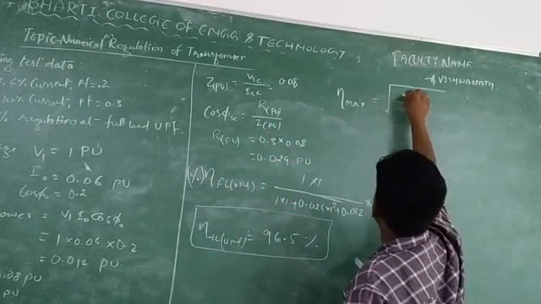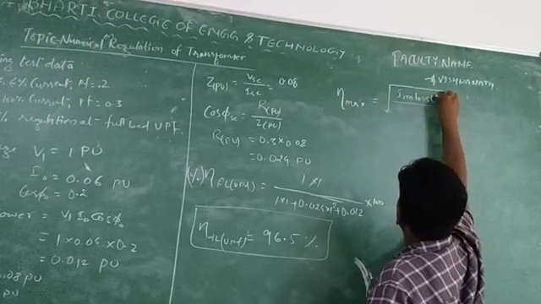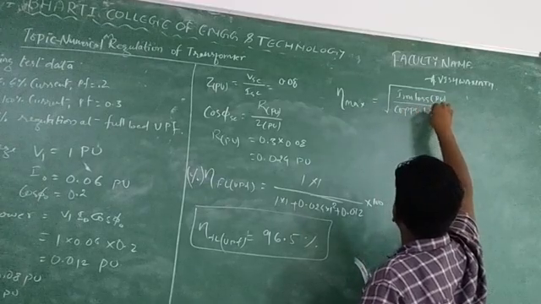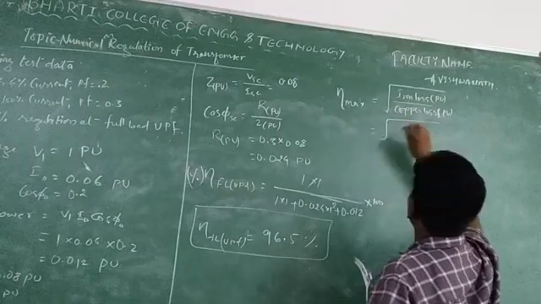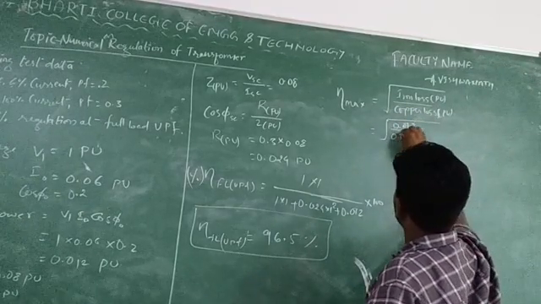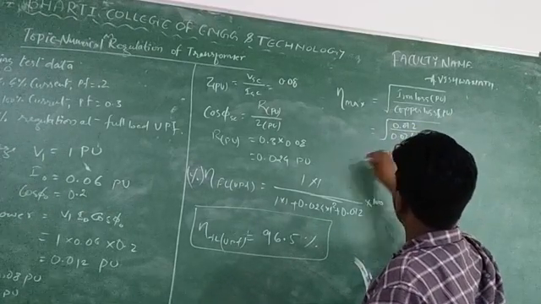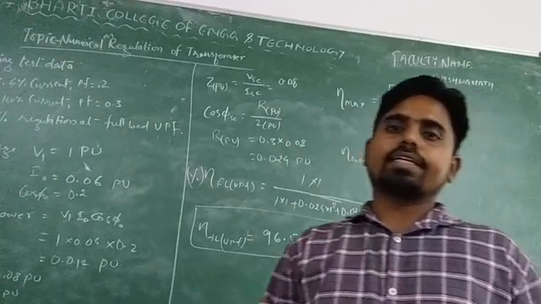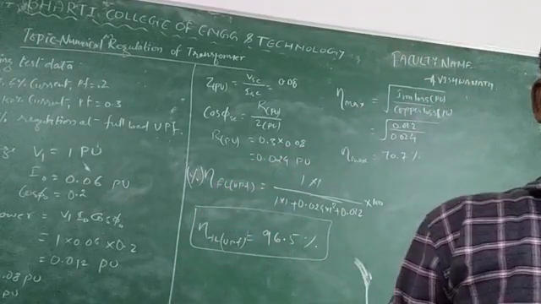It means under root iron loss in per unit system upon copper loss in per unit. So iron loss is nothing but 0.012 upon 0.024. This is nothing but 70%. Okay, beta max is equal to 70.7%.